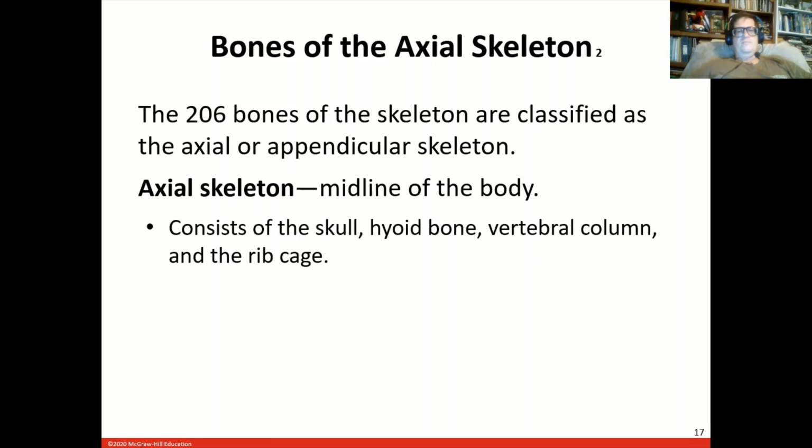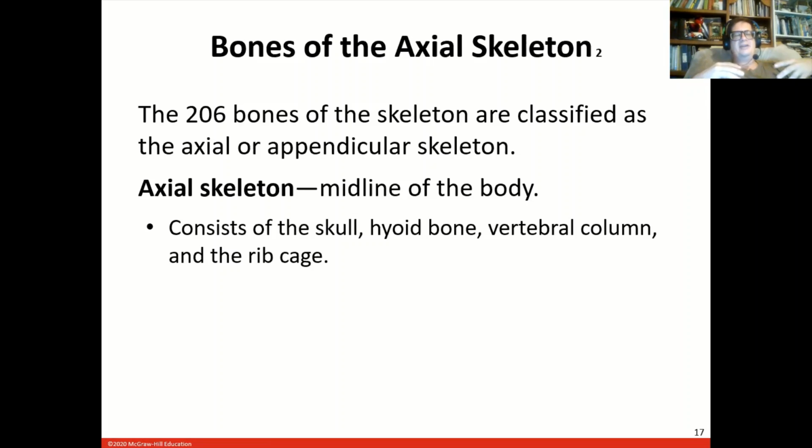All right, so we've got 206 bones in the skeleton that are either axial or appendicular. Axial means they're down that center axis of the body: the skull, the neck, the rib cage, the vertebrae, the pelvis, the sacrum, and the hyoid bone too.